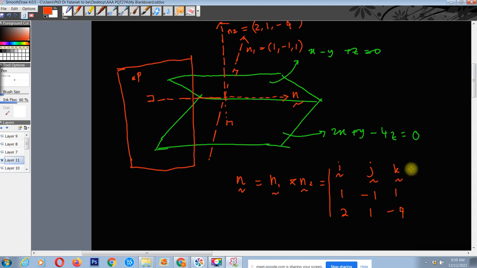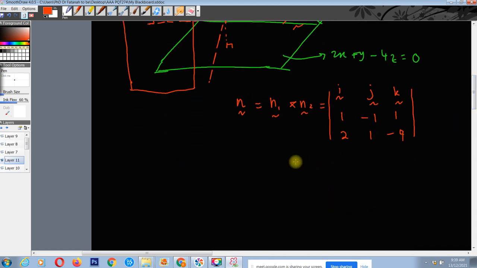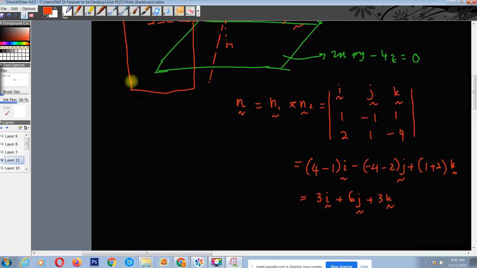For i, 4 minus 1, so 3i. For j, minus negative 4 minus 2, so plus 6j. For k, 1 plus 2, so plus 3k. So we will have 3i plus 6j plus 3k.